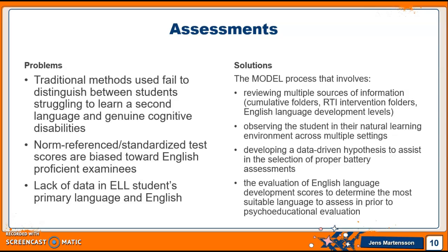Developing a data-driven hypothesis, which will assist in the selection of a proper battery of assessments and the evaluation of English language development scores to determine the most suitable language to assess in prior to the evaluation.